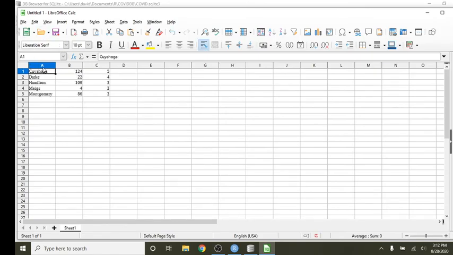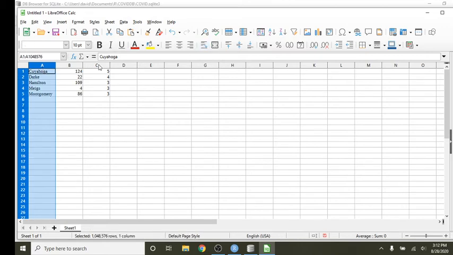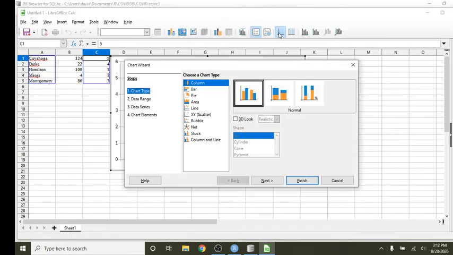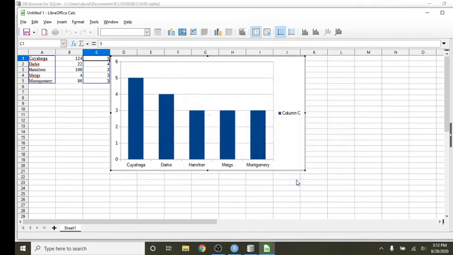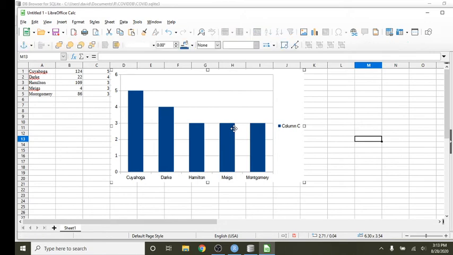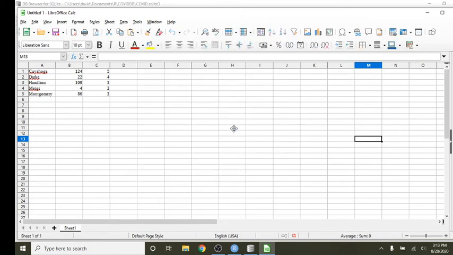Okay, then come over here and say, let's plot this. Now you can see how the states are rating in terms of deaths. That's what the number should be. That's not even close.